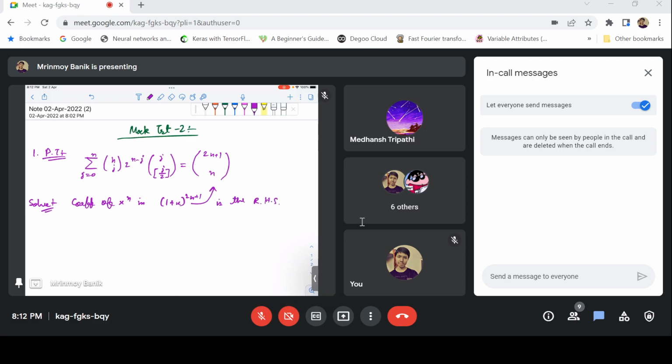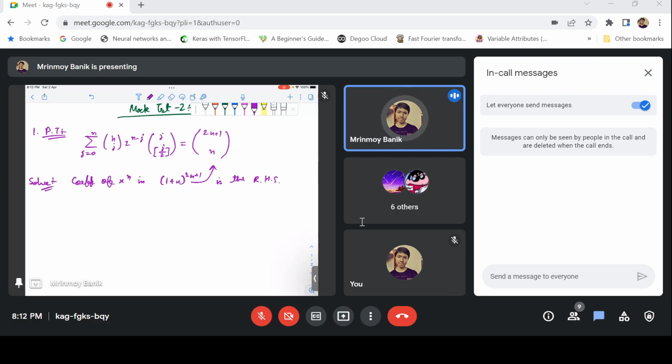Okay, so let's do it step by step. How to show this is the coefficient of this thing? We will try to rewrite this in this way. We can write it as 1 plus x times 1 plus x power 2n, right?